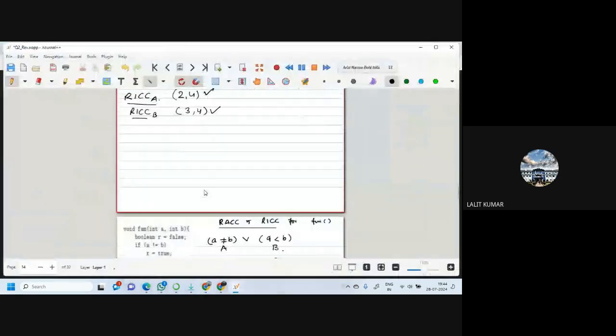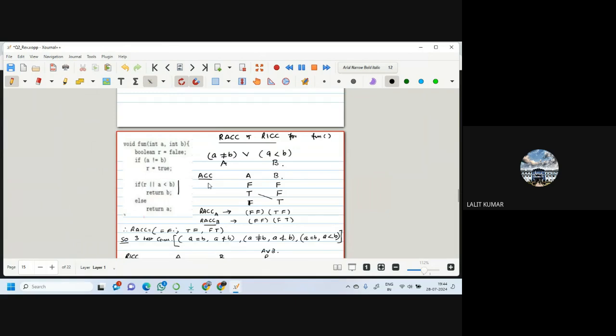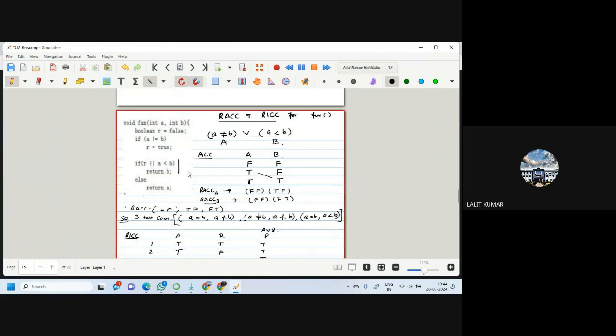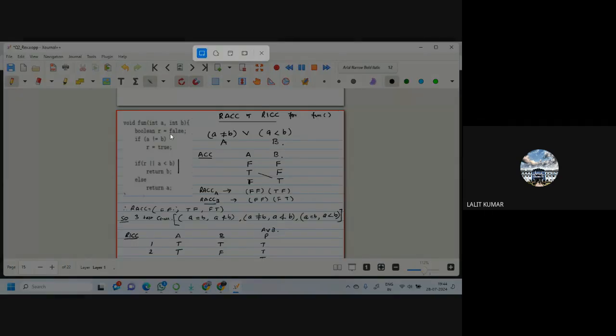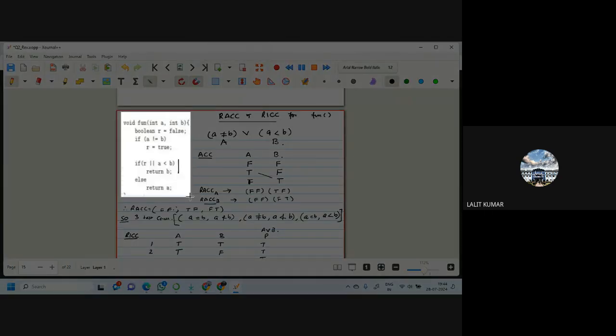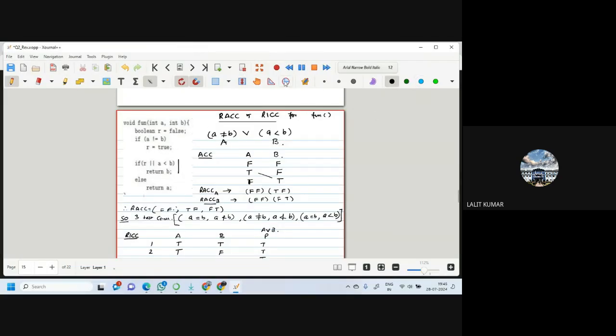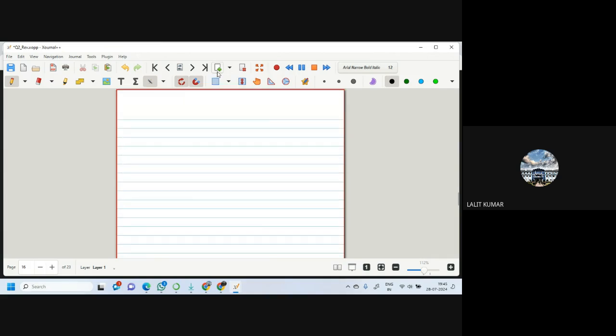So now we go to another question. I will cover the steps again. So again, what do we do? We make a graph first. It is taking A, B, R is equal to false.